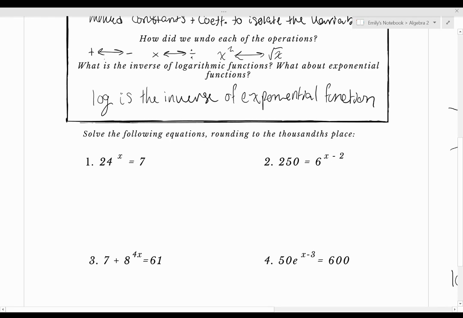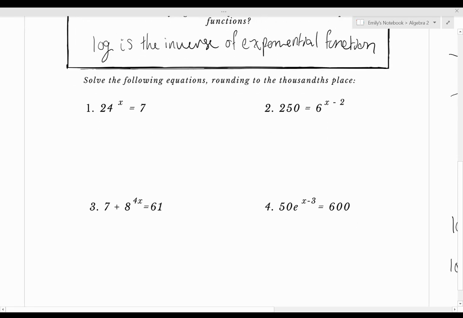And up here I used two arrows, which means if I have addition, I can subtract to get it to cancel, or if I have a negative term, I can add to get it to cancel. The same thing holds here. The log is the inverse of an exponential function, and an exponential function is the inverse of a log. So the bidirectional nature that we see in all other operations we've seen before is still consistent here. So let's try it out and see if we understand how it works.